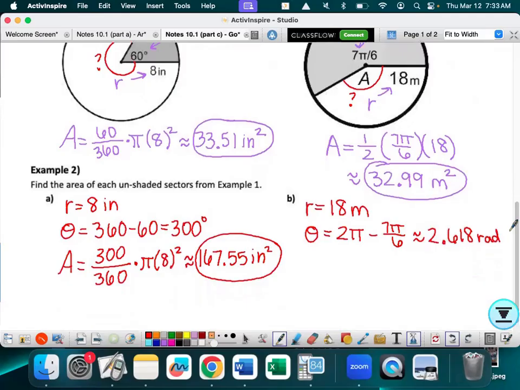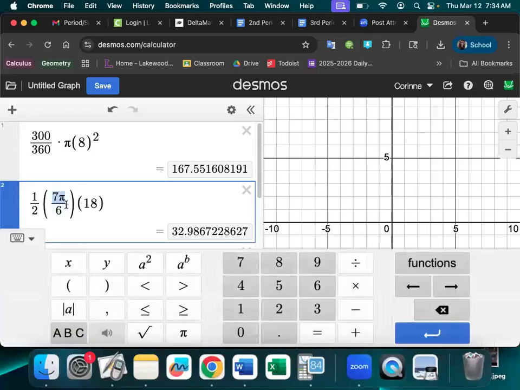Go ahead and fill in your area formula, same as last time, except we are changing theta, we're changing our angle. Go ahead and put that in the calculator. And you know what?